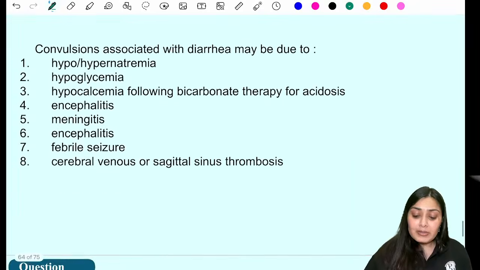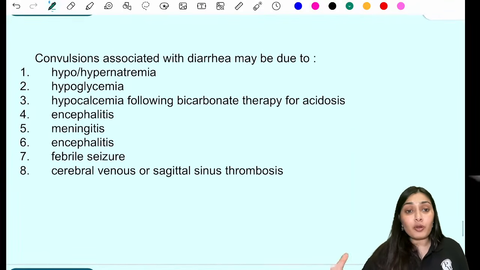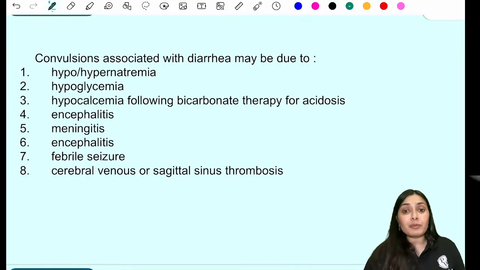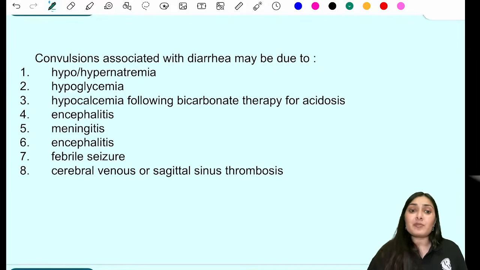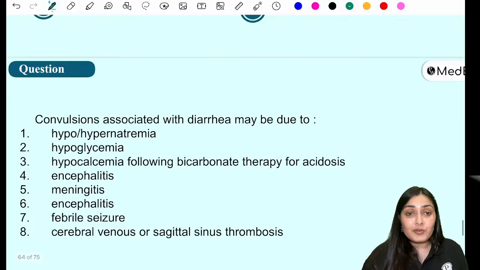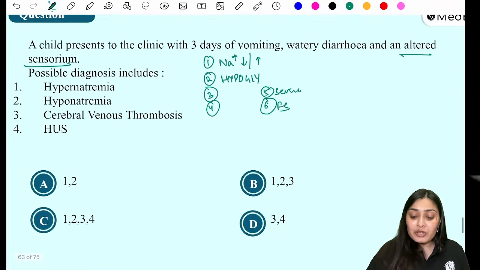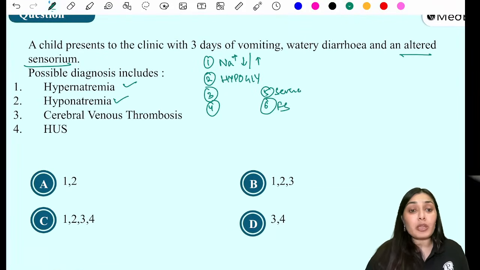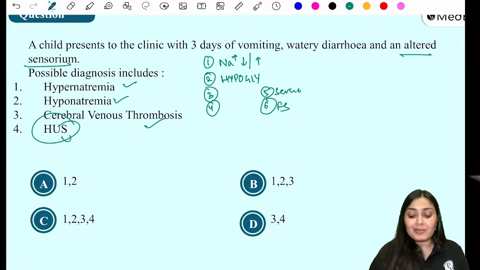So remember, the causes of convulsions or altered sensorium are: hyponatremia, hypoglycemia, hypocalcemia following bicarbonate therapy, encephalitis, meningitis, febrile seizure, central venous or sagittal sinus thrombosis. So here hyponatremia can be the cause, cerebral venous thrombosis can be the cause, but HUS is not listed.